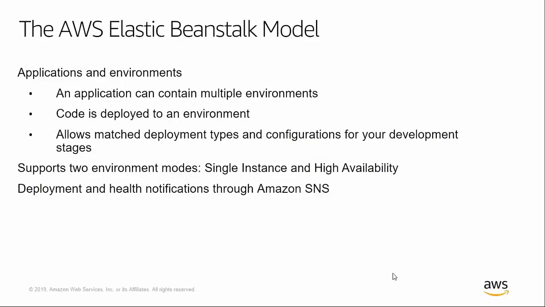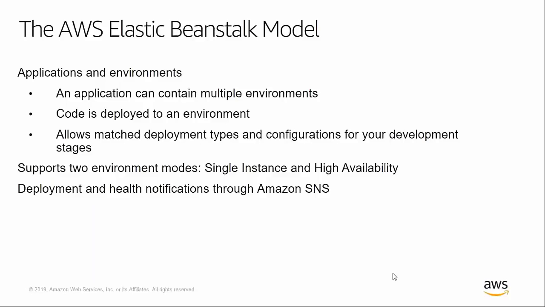So before we dive into each of those, I wanted to talk a little bit about the Elastic Beanstalk model and help set an understanding of some of the components that make up a Beanstalk application. So at its core, Elastic Beanstalk has applications and environments, and an application can contain multiple environments.